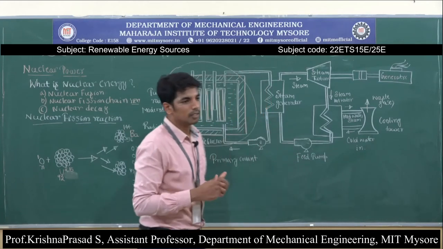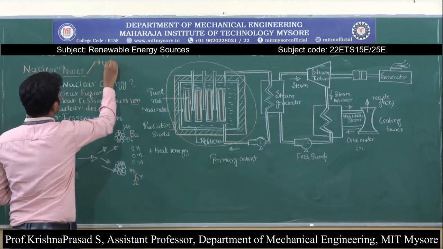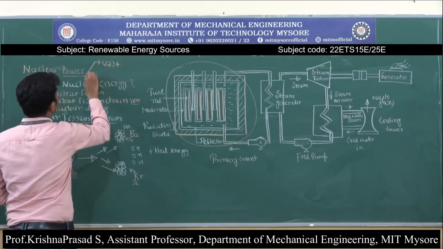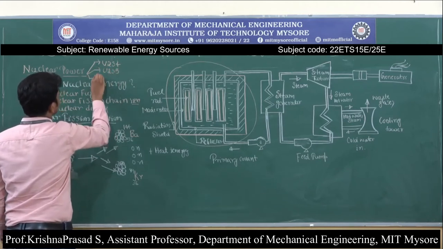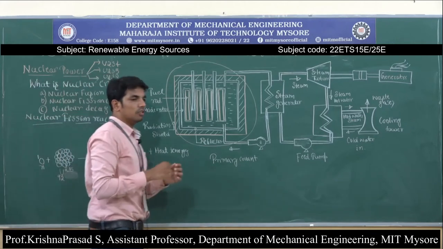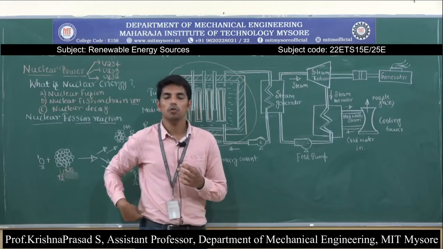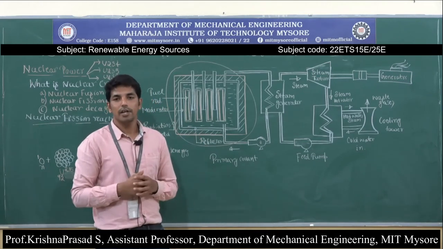This uranium atom is generally available in three forms: uranium 234, uranium 235 and uranium 238. These uranium atoms undergo nuclear fission chain reaction inside the nuclear breeder reactor.